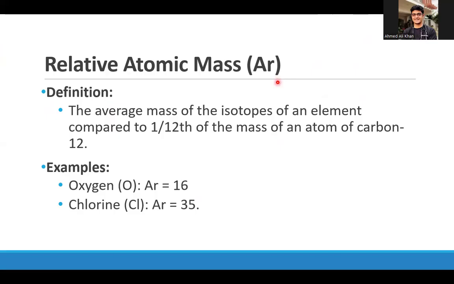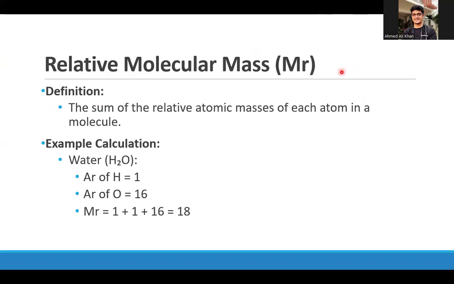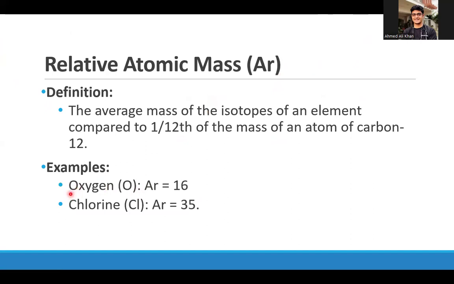Then we talk about relative molecular mass. For individual atoms, like oxygen and chlorine, the masses as seen on the periodic table are the relative atomic masses. But what if these atoms bond together to form compounds?